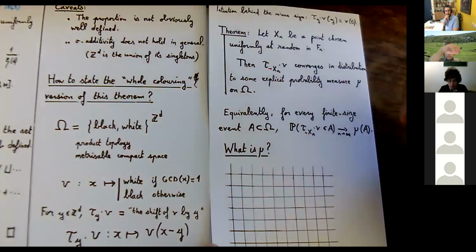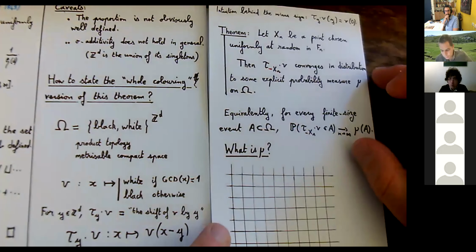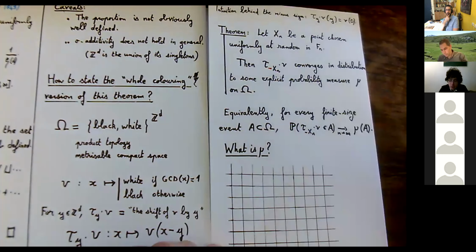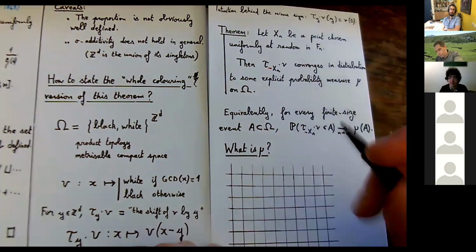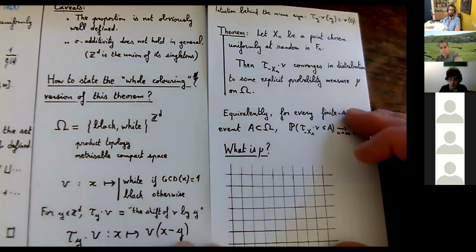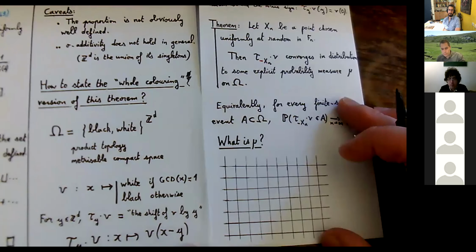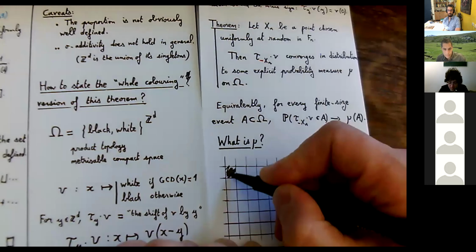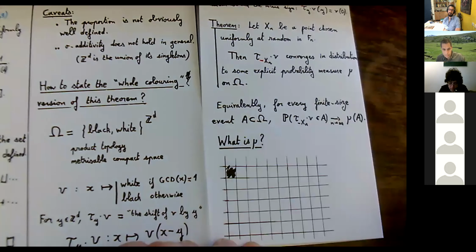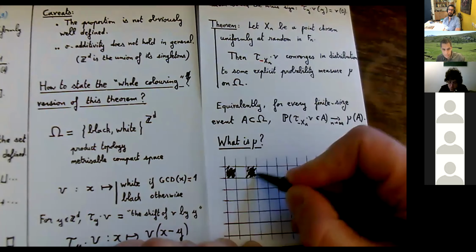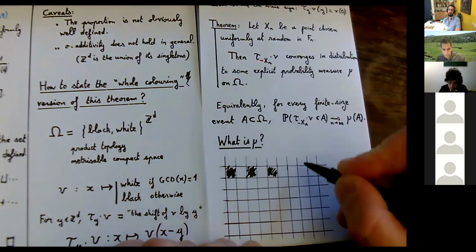So what is mu? Well, one good reason not to be visible is if your GCD is a multiple of 2. And if this guy, for example, is a multiple of 2, then all the guys that agree modulo 2 should as well be black.